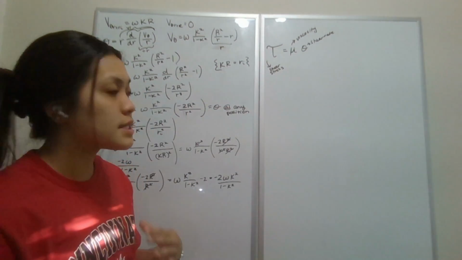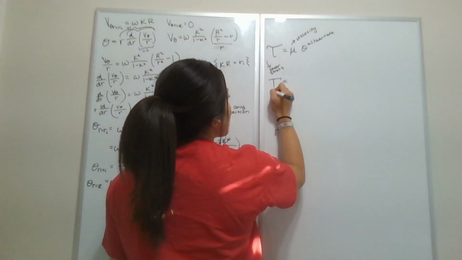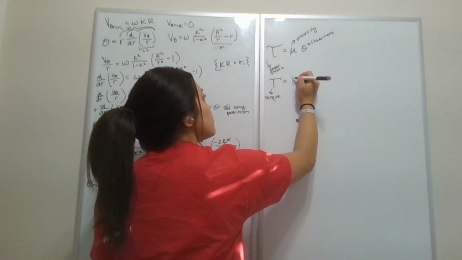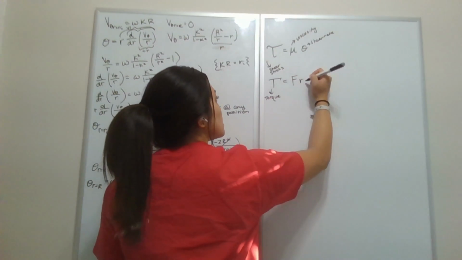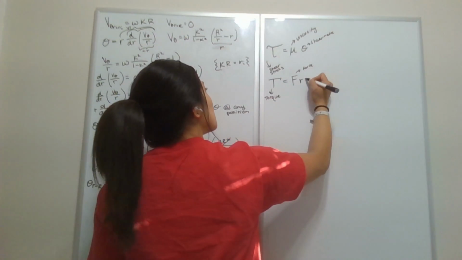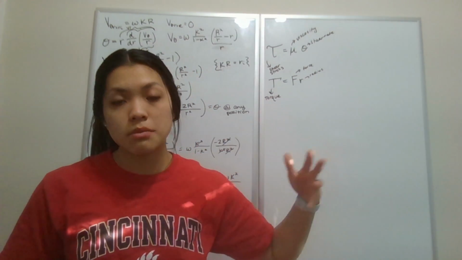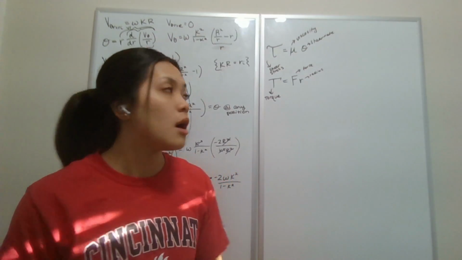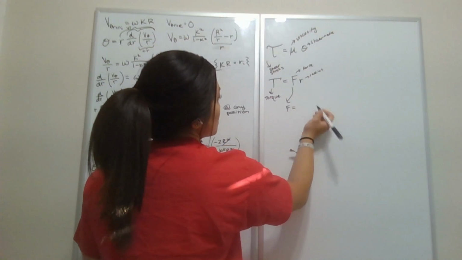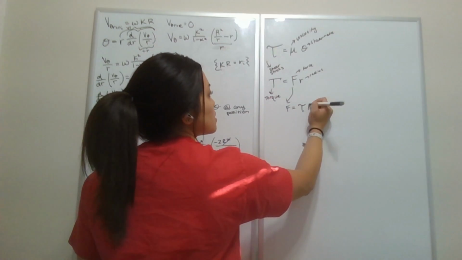And so, keeping that in mind, let's take a minute and talk about what torque is. So torque is defined as force times the radius. So we know the radius because we're going to be looking at the radius at the inner and outer cylinders, but we don't know what the force is. But we can further break down the force to be the shear stress times the area.